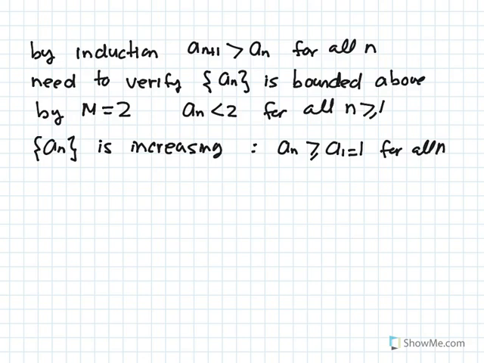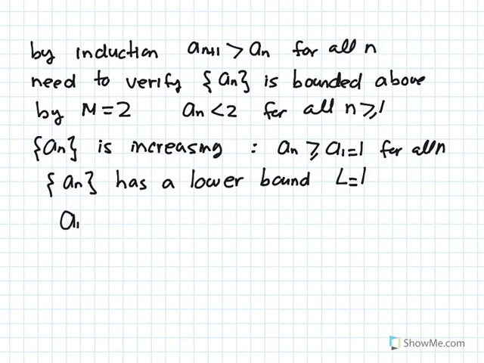And so a_n has a lower bound, L equals 1. Let's apply induction to prove that a_n has an upper bound, m equals 2. We would like to prove that a_n is less than 2 for all n. This is what we would like to prove, so we prove it by induction.